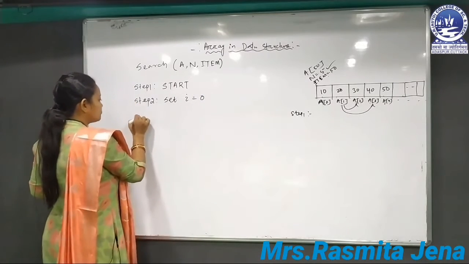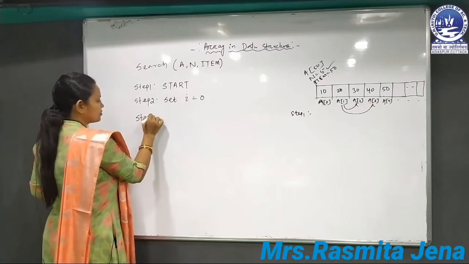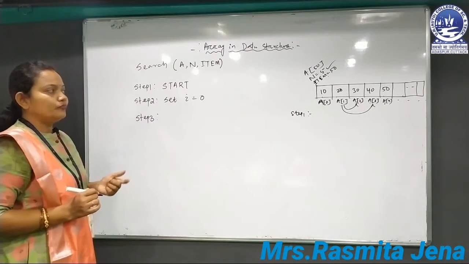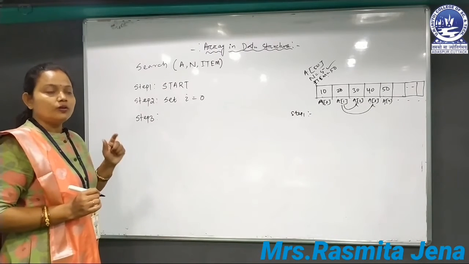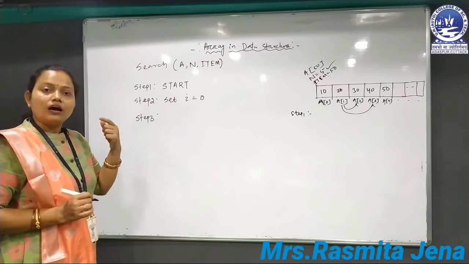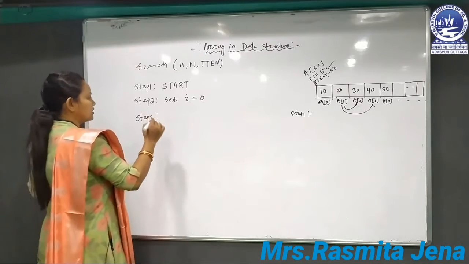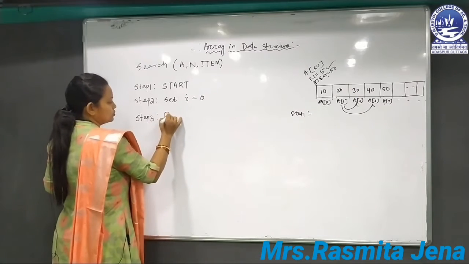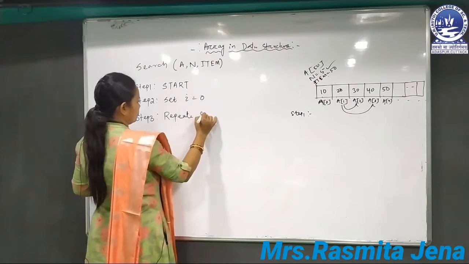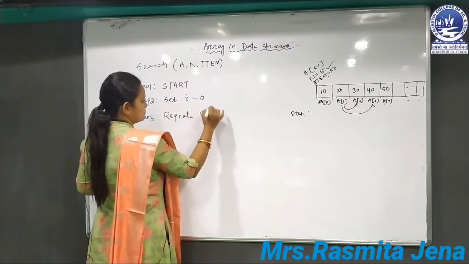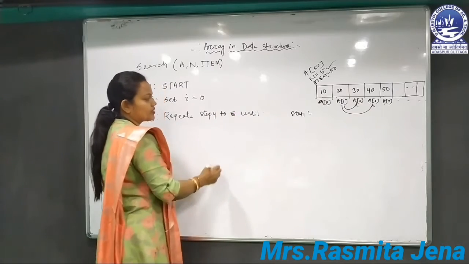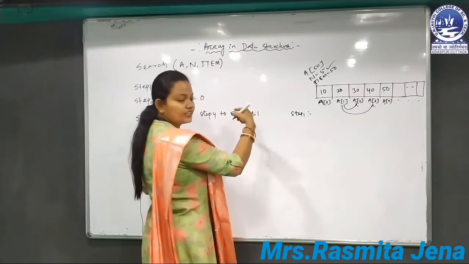Then in step 3, we will take a loop, because every time we will check each and every location of the array with the item. So for that I can write repeat step 4 to 6 until the condition is true.